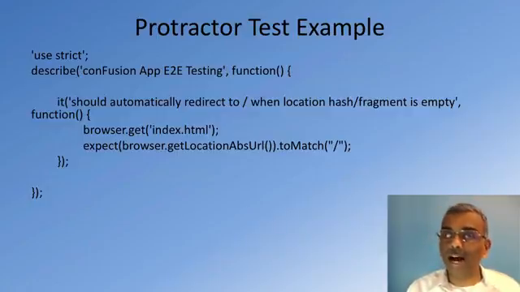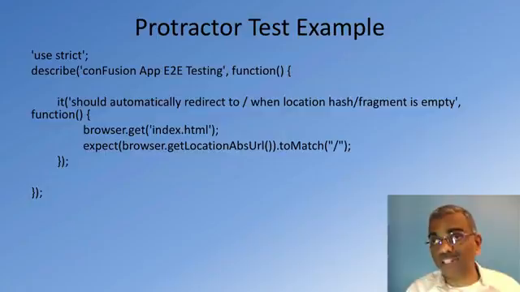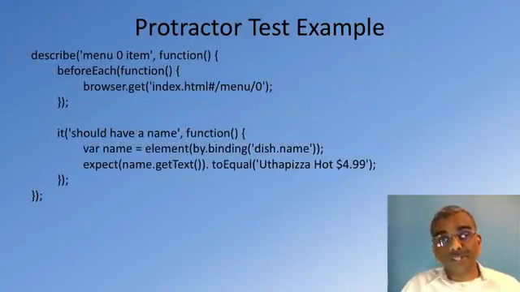Now let's see how we will actually configure some tests. This is the starting point. We will add more it functions to this particular describe in order to specify the tests. Let's look at some examples next. Here, this code is included inside the earlier describe.